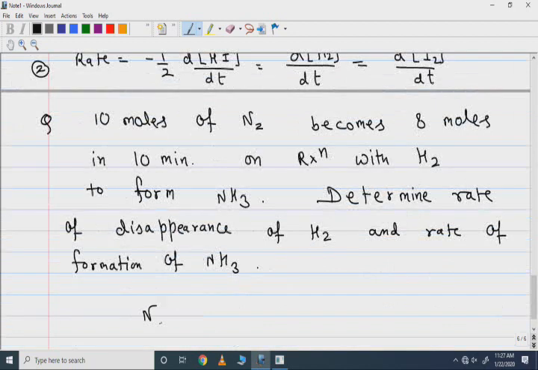Reaction is N2 plus 3H2 is giving you twice of NH3. Attempt it.